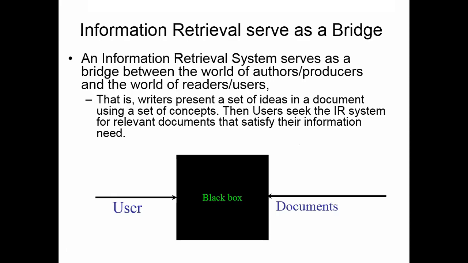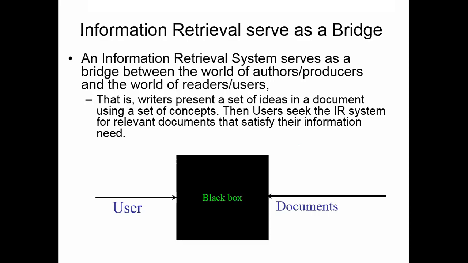That means we have to index the large collection of documents that comes from the author's world. We have to accept the user's information need and then search for the relevant documents as per that need. So an information retrieval system has two further subsystems: indexing and searching.